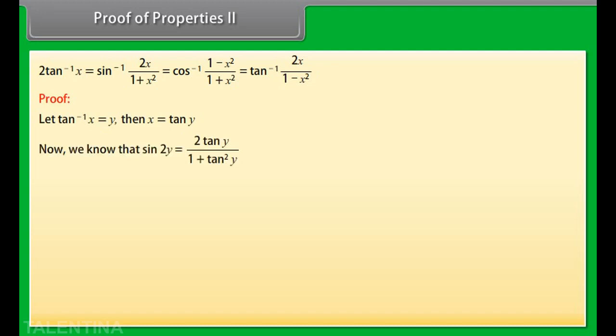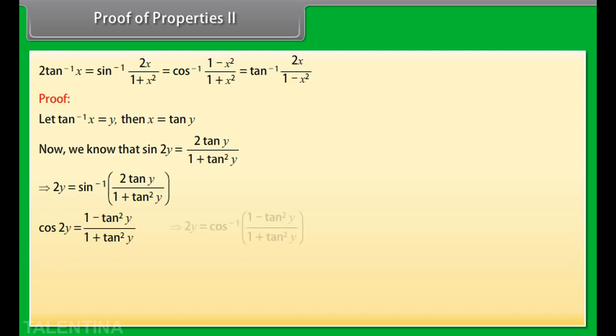Now, we know that sin 2y is equal to 2 tan y by 1 plus tan square y. It implies that 2y is equal to sin inverse 2 tan y by 1 plus tan square y. Cos 2y is equal to 1 minus tan square y by 1 plus tan square y. It implies that 2y is equal to cos inverse 1 minus tan square y by 1 plus tan square y.